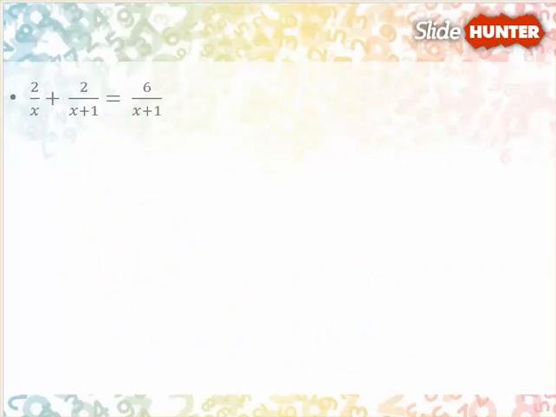Our next problem, 2 over x plus 2 over x plus 1 equals 6 over x plus 1. I need to have just one fraction on each side. So I'm looking to see what I can combine or simplify. I notice that I have two fractions that have a common denominator. That means if I combine them, I'll reduce it down to one less fraction. So I'm going to subtract 2 over x plus 1 from both sides.